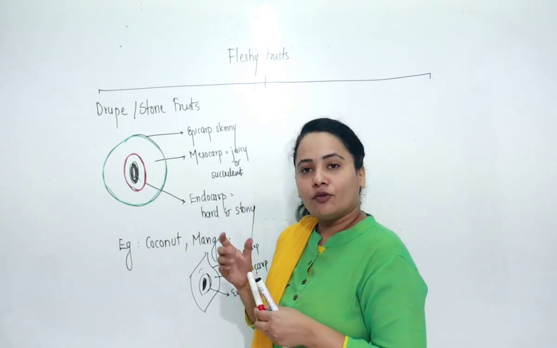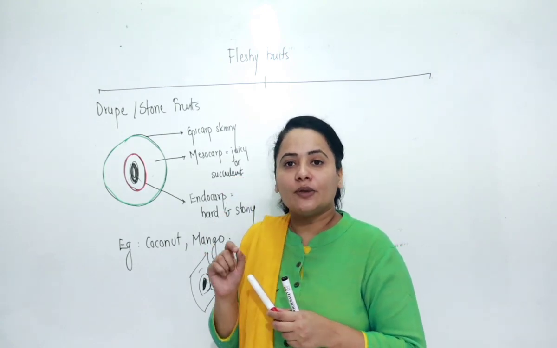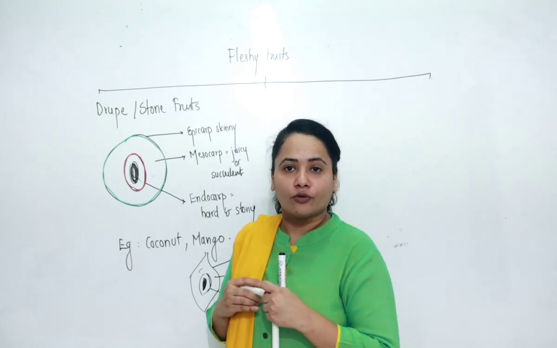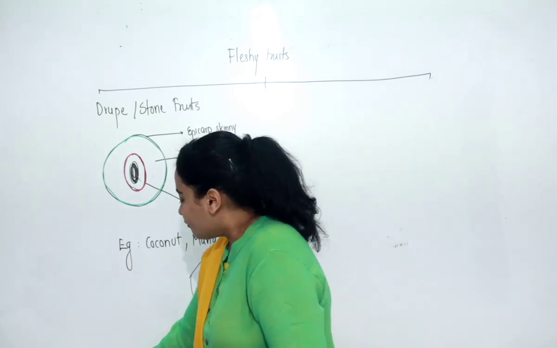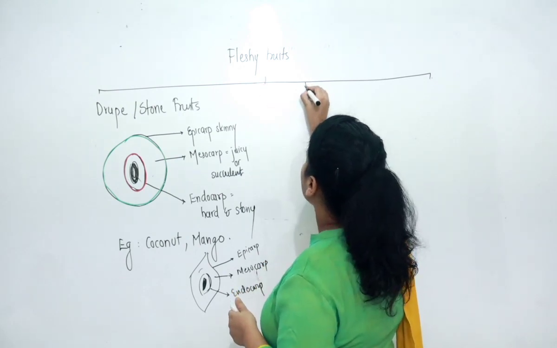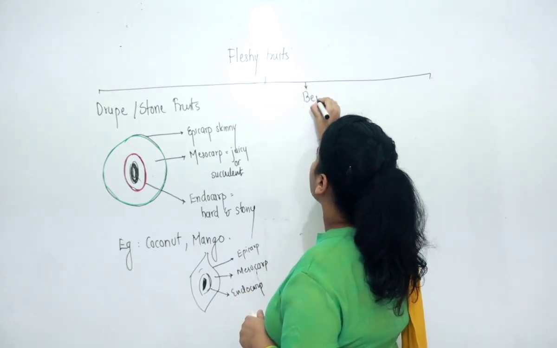So such a fruit in which the endocarp is hard and stony is known as a drupe or the stone fruit.